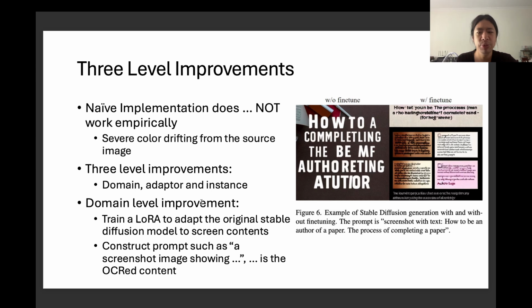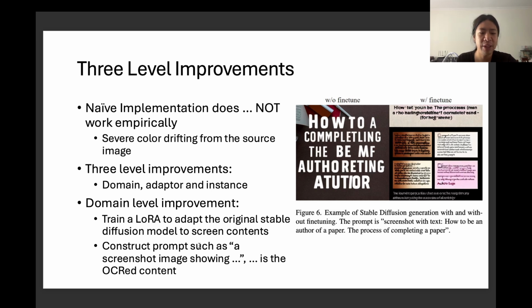So the domain level improvement means that as we are training a diffusion model from a pre-trained stable diffusion model, which is a text-to-image model, this text-to-image model is actually not really prepared or trained for screen content. So we train a LoRA adapter to adapt the original stable diffusion model to generate screen contents better in the first place.